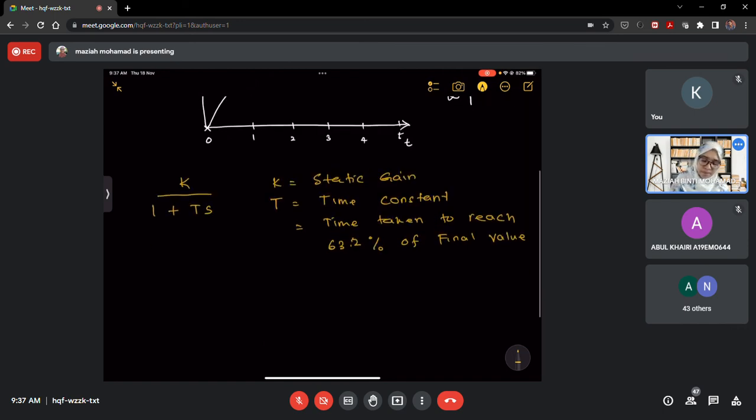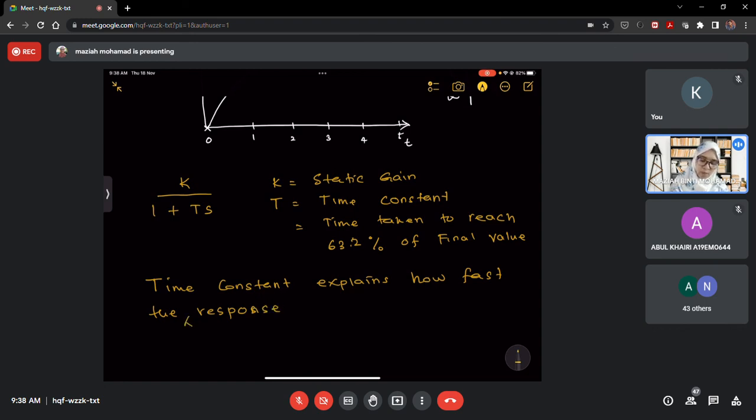T, the time constant, tells how fast the output responds to the input, after we apply the input, so how fast the system will respond and reach the final value.